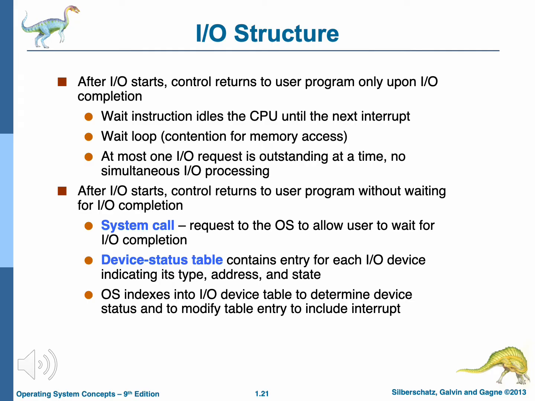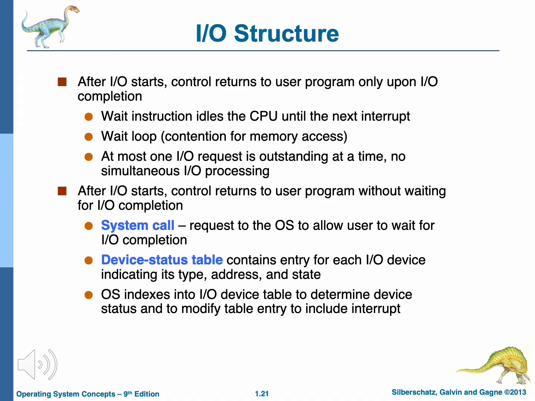For instance, 7 or more devices can be attached to the Small Computer Systems Interface (SCSI) controller. A device controller maintains some local buffer storage and a set of special-purpose registers. The device controller is responsible for moving the data between the peripheral devices that it controls and its local buffer storage.